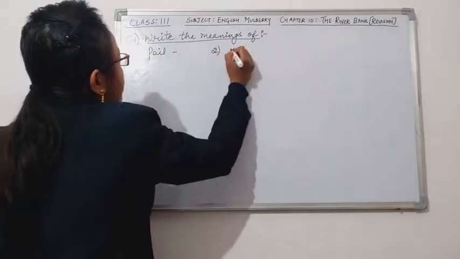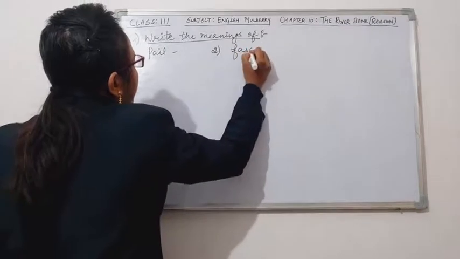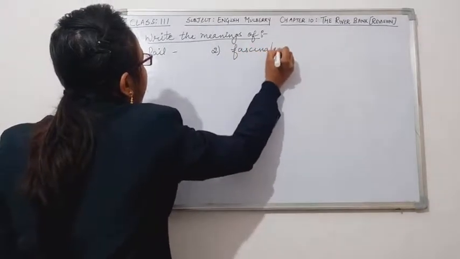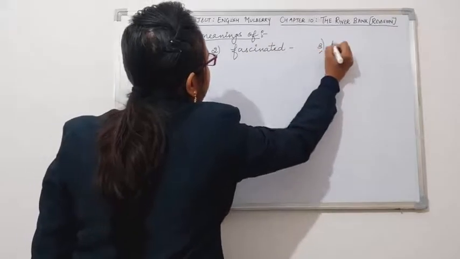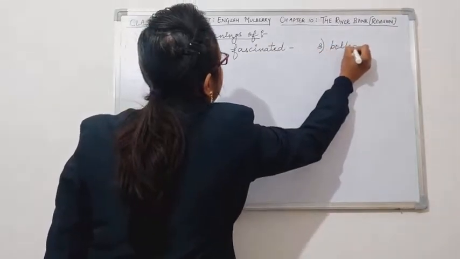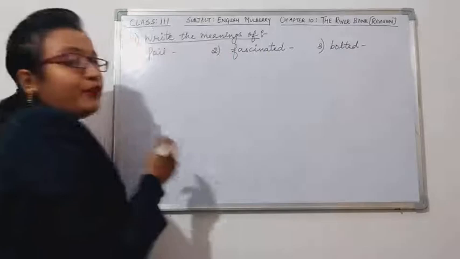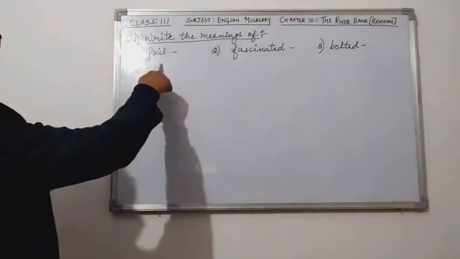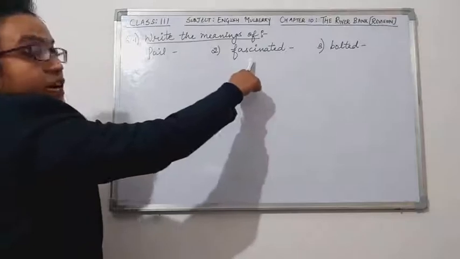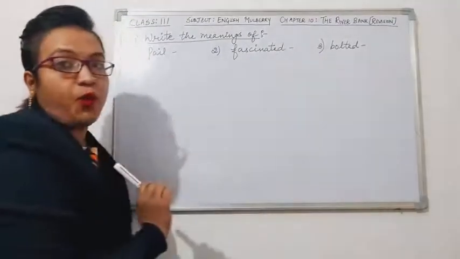Second word is fascinated. And third word is bolted. These are the three words. You have to write the meanings of these three words.